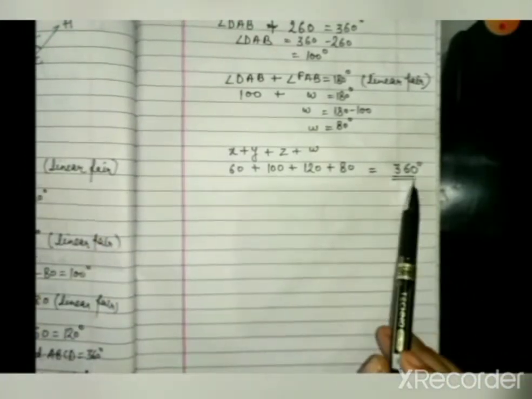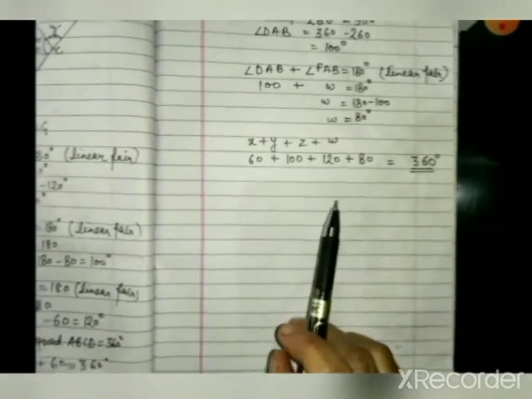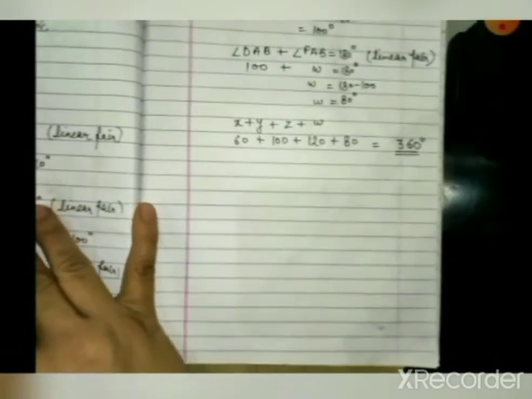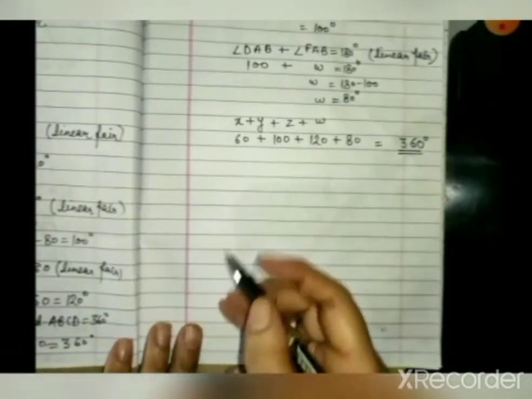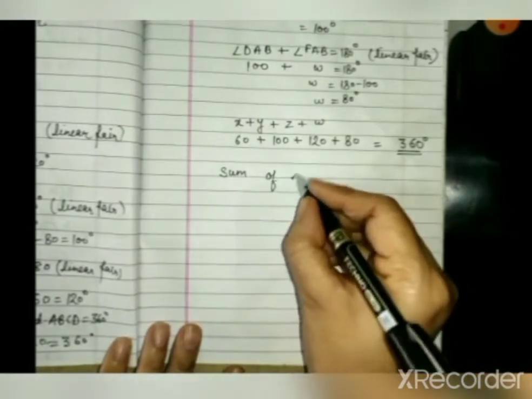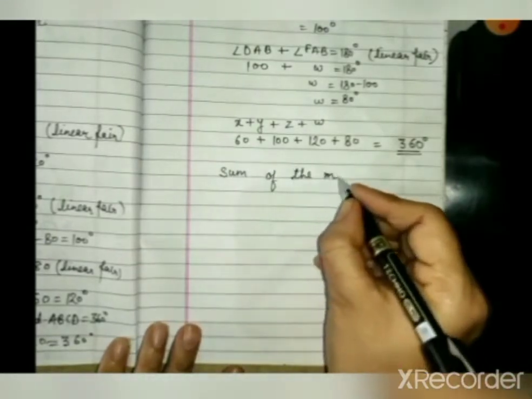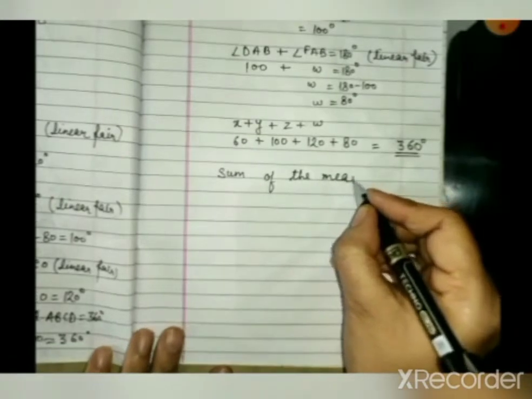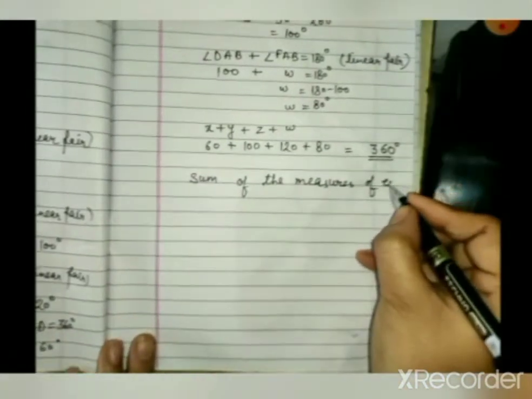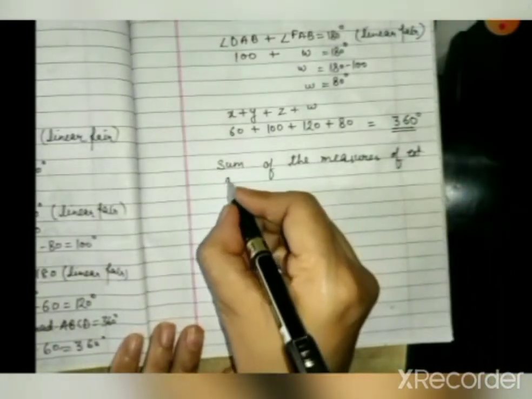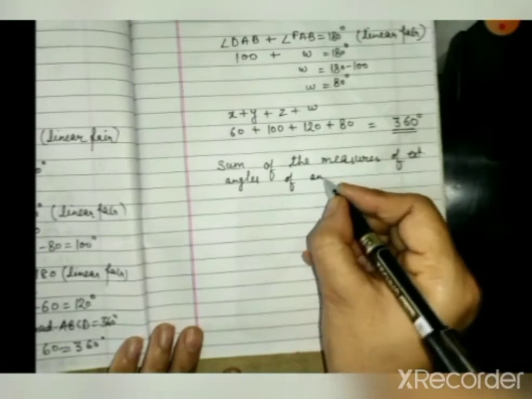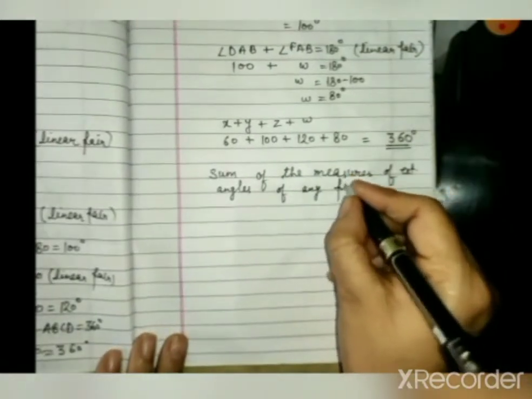As the sum we got 360, and it is the property which we will use in the next exercise 7.2, that the sum of the measures of exterior angles of any polygon, not only a quadrilateral, any polygon.